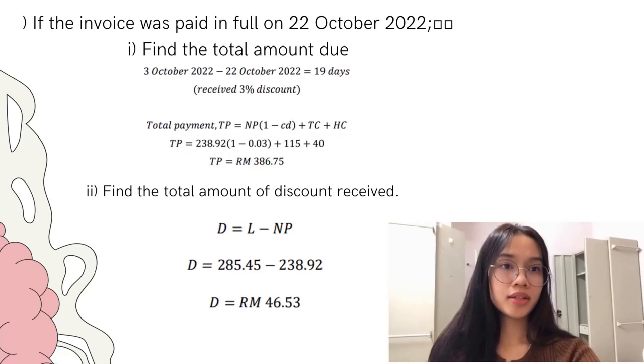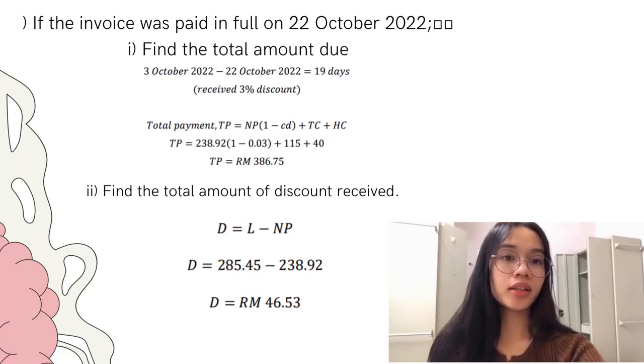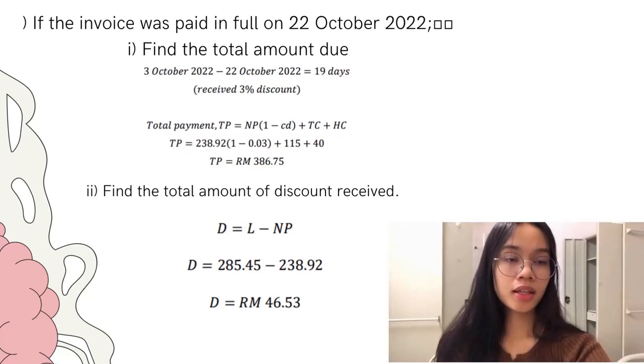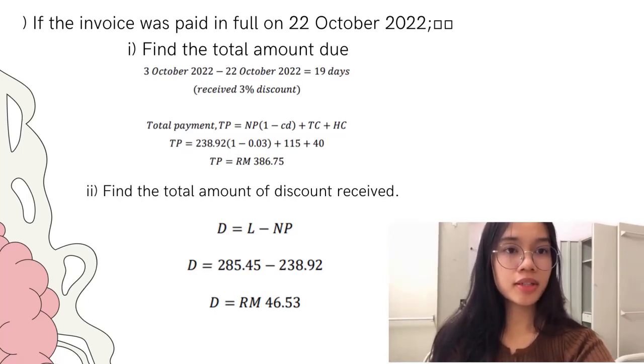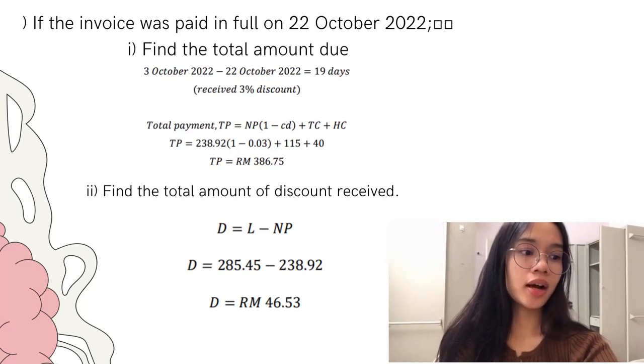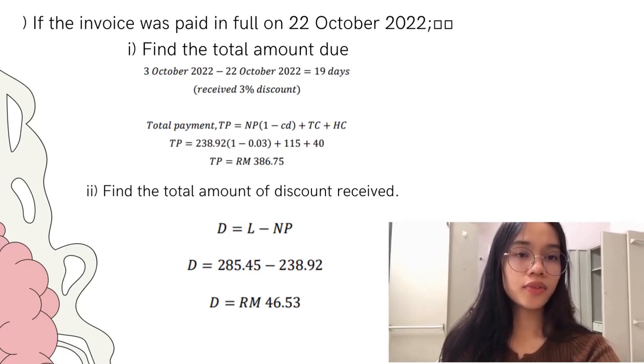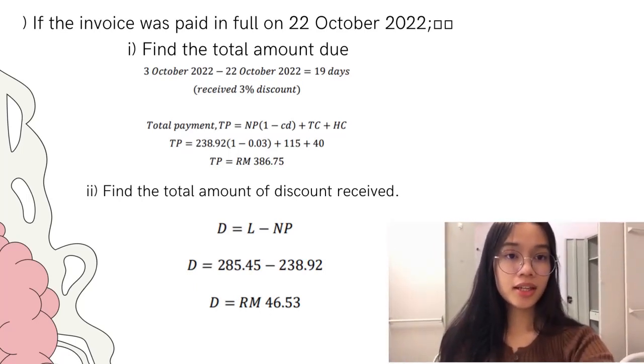And the net price is 238 ringgit 92 cents. And then I just have to subtract the net price from the list price, and I will get RM46 and 53 cents. That is the end of the question.